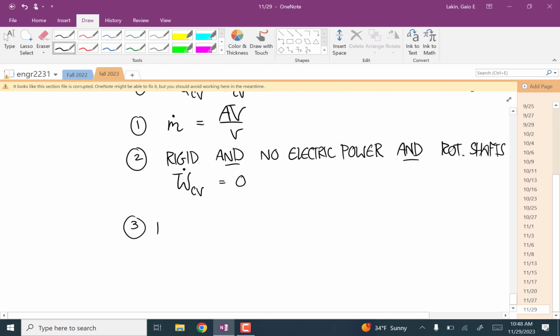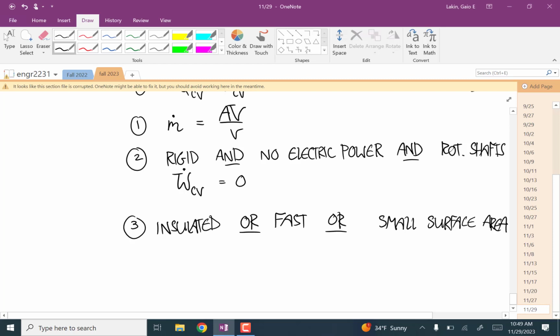Third, if it's insulated, so these ones in number 2, all of these have to be met for there to be no work. If it's insulated though, or, so if any of these are met, it's moving quickly through the device, or it's a small surface area, then there's no heat transfer.